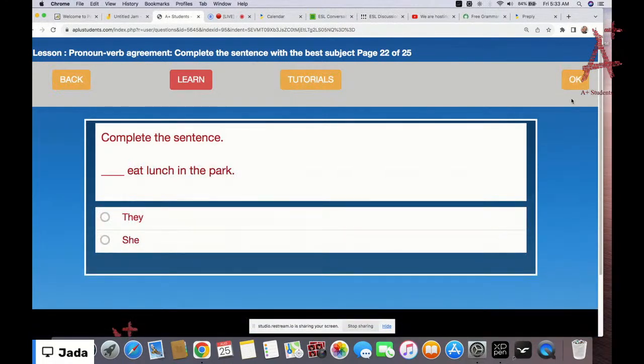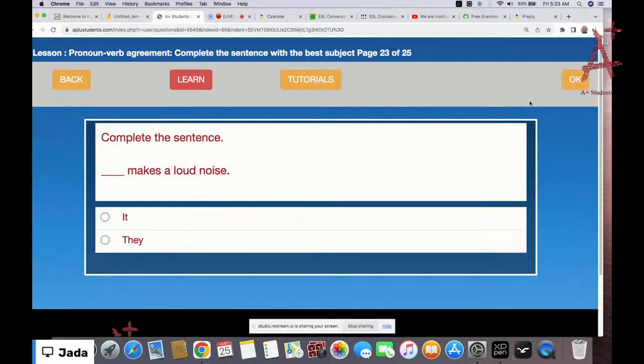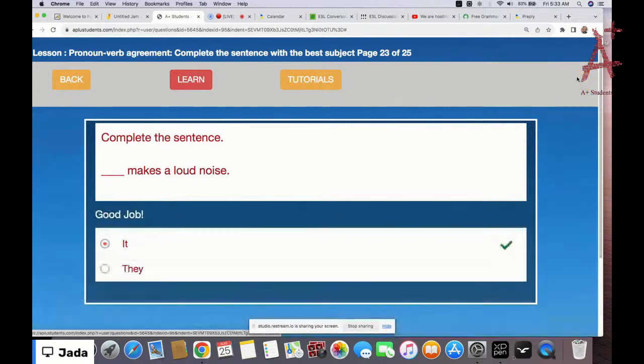Dash eat lunch in the park. Eat without S. So it's going to be they eat lunch. Dash makes a loud noise. Makes with S. So it's going to be what? Singular. It makes a loud noise.